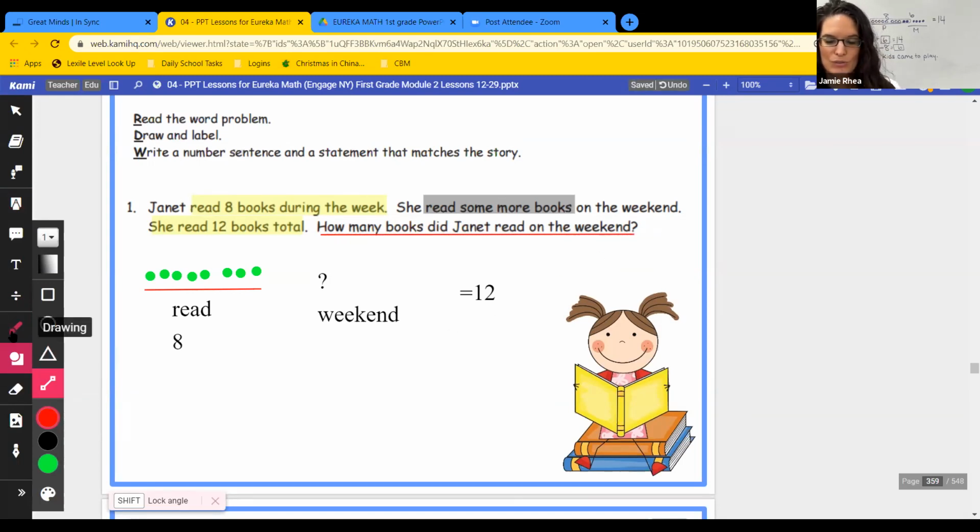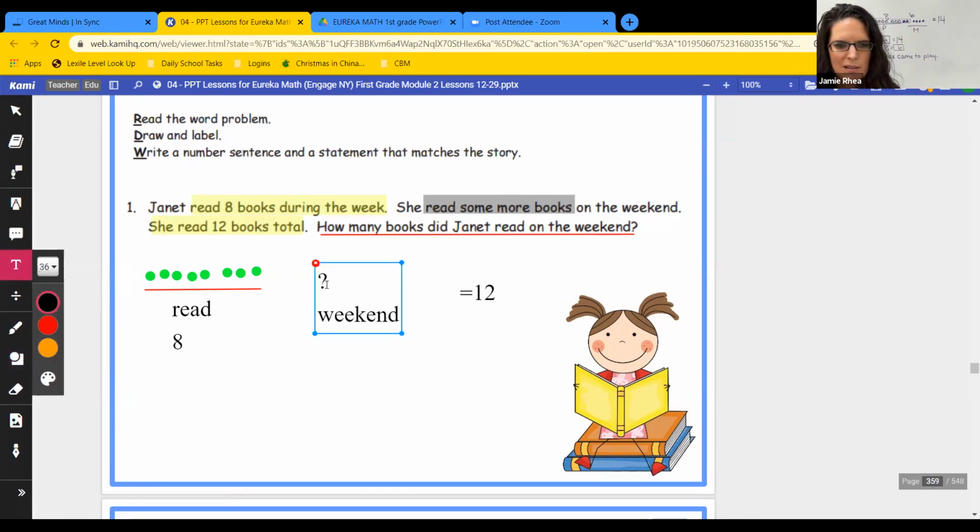Okay, so let's see. What can we do to figure this out? Can we make it into 10? Could we count on? We could do either one. Now, if you make it into 10, I'm breaking it into 10 and 2. Let's count on, shall we? So let's move this. Why can't I click on it?